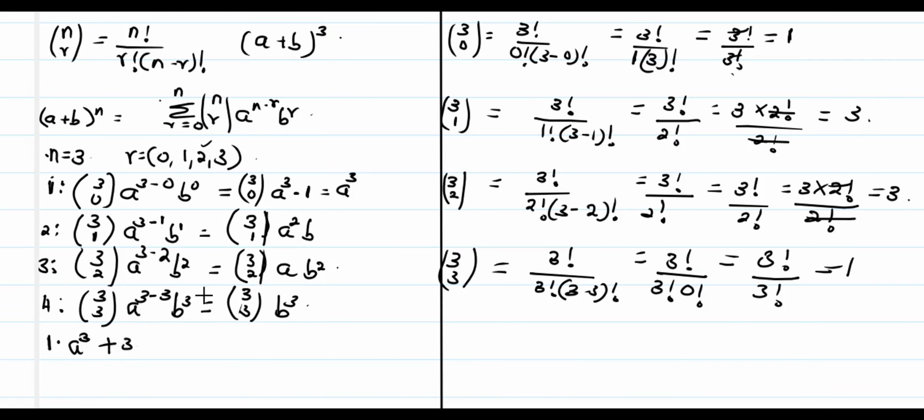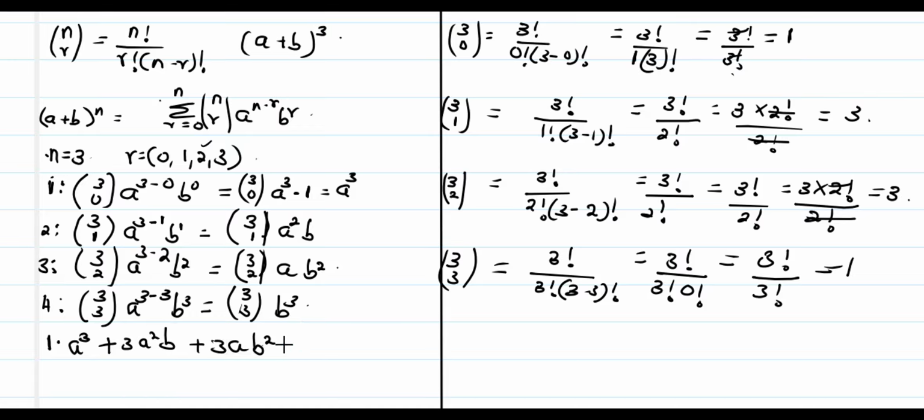Then I multiply by the second expansion, which was a squared b. So it becomes 3 a squared b. Then plus the next one is also 3. Then the third expansion, which was a b squared, like that.